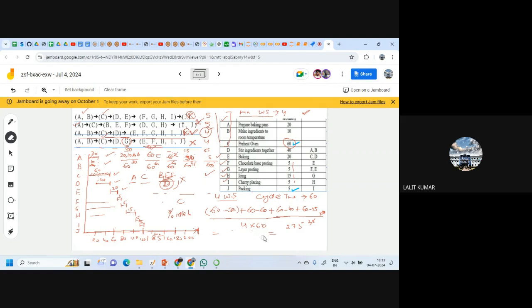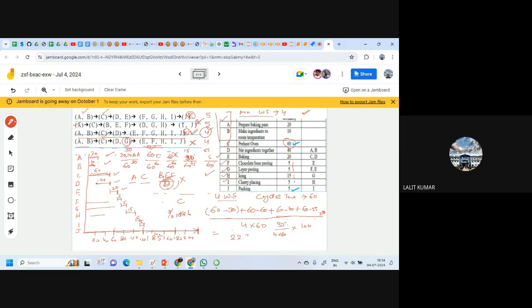How much is it coming? Around 22.9, I guess.